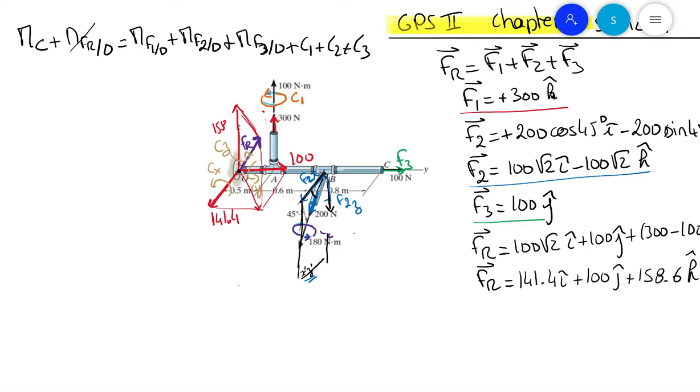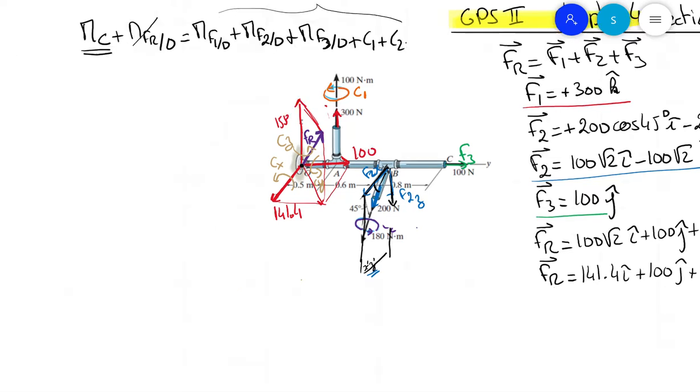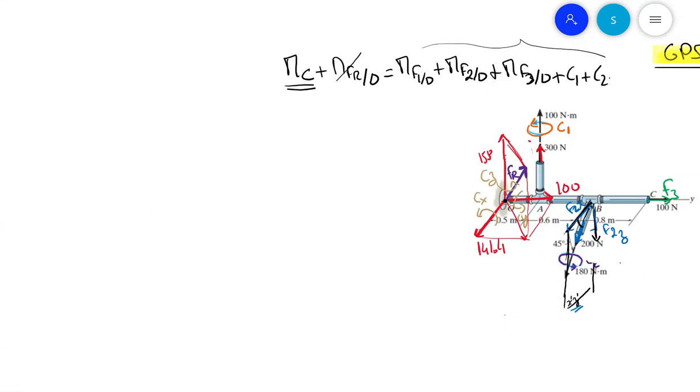There are just 2 couples, sorry. We want to replace everything by only one force and one moment, but this force, because it's applied at O, doesn't create any moment at all. So basically what we want to find is the couple and the three components, Cx, Cy, and Cz. So let's find each moment and each couple.